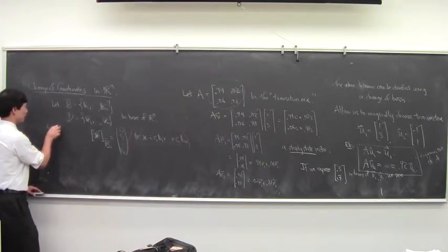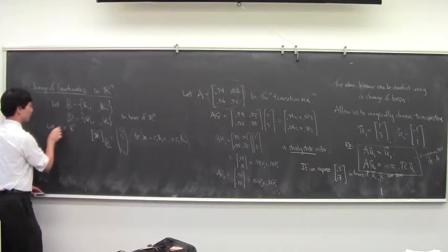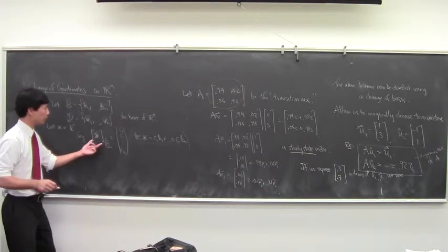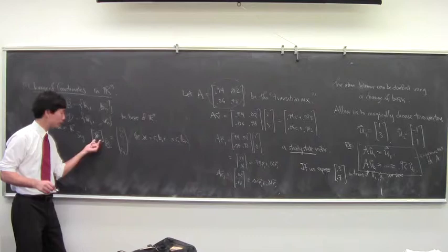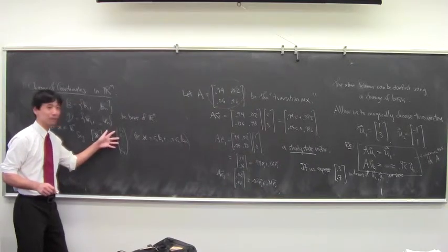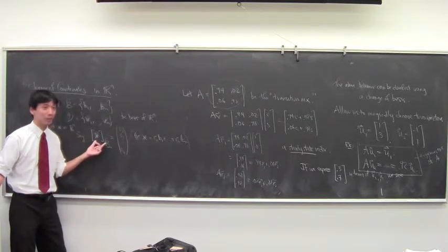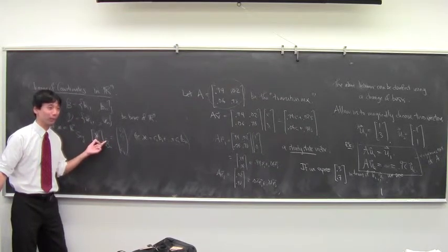So let x be some column vector here, and let's say that the coordinate vector of x with respect to b is this. This is notation we just introduced maybe half an hour ago, so you may have forgotten it.